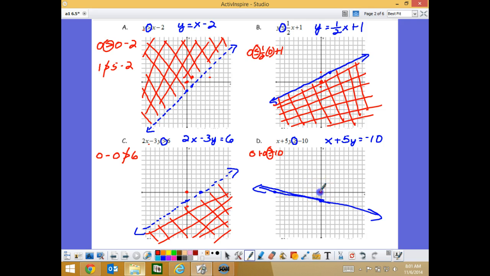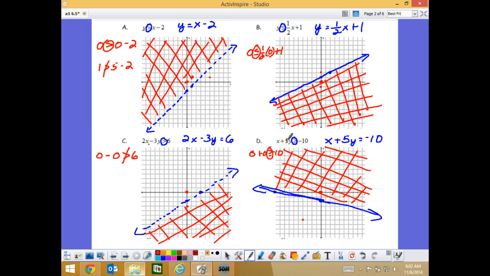That is true, which means the point (0, 0) is in that shaded region. So any point in this shaded region makes this inequality true. Any point outside that shaded region makes it false.